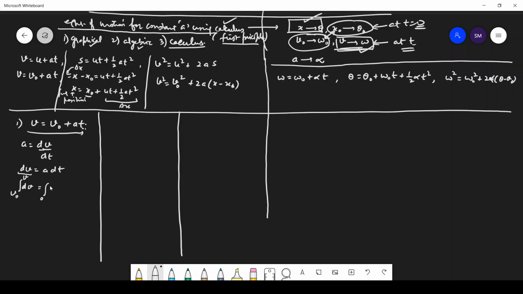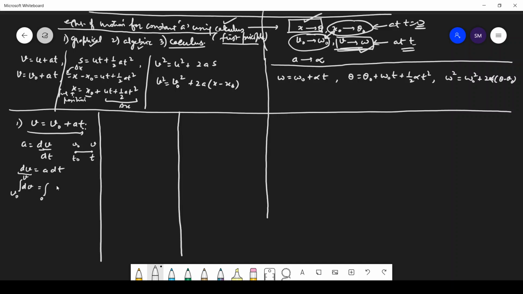Now the whole displacement, I am talking about the whole journey from this point t0 to t, or you can say v0 to v.